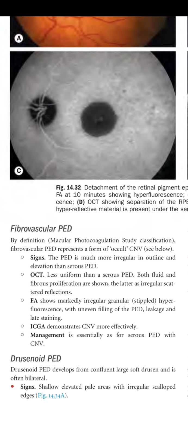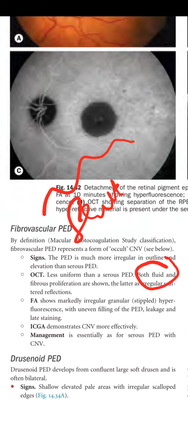The PED is much more irregular in outline and elevation than serous, so the detachment will be irregular in outline, less uniform than a serous PED. On OCT, both fluid and fibrous proliferation are seen, the latter as irregular scattered reflection. So there can be fluid and fibrous tissue both present, and the fibrous tissue will present as an irregular scattered reflection.